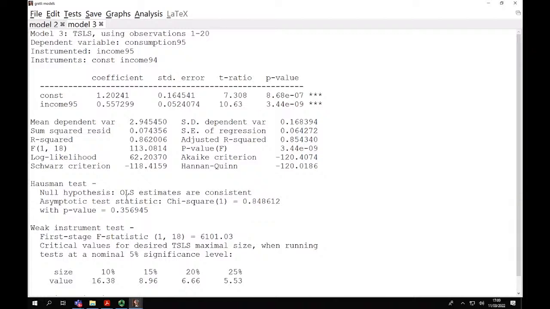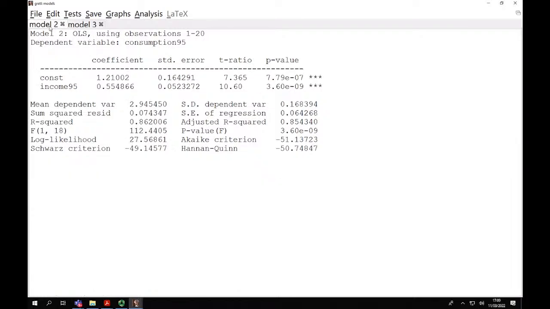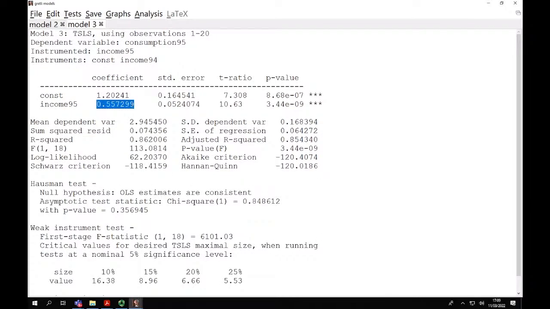Do we reject or accept the null that the OLS estimators are consistent in this case? We accept, of course, but I could see that already. 0.55 OLS estimator, 0.55 IV estimator, and it does not change very much moving from one estimator to the other. So the message seems to be, you don't need to use an estimator different from OLS in this particular example.